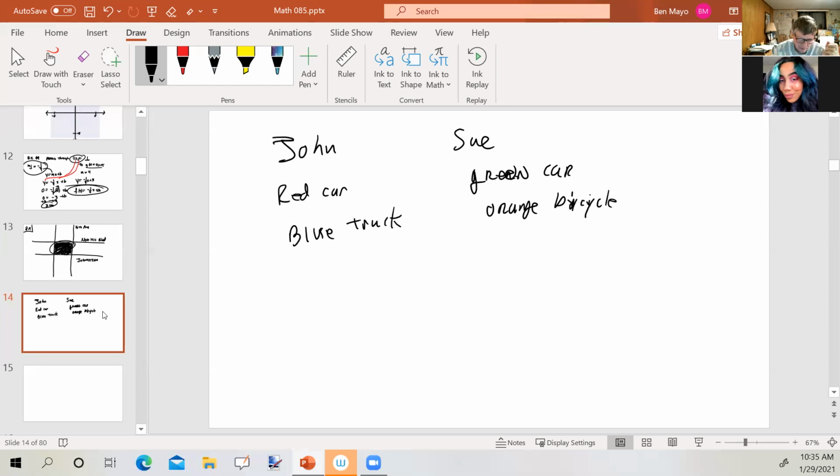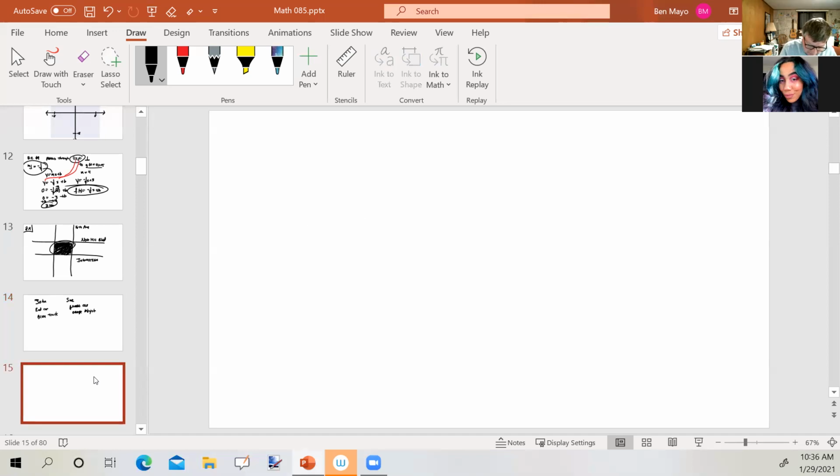Okay. Now, I want to distinguish between intersection and union. Intersection, that which they have in common. Union, everything they both have lumped together.